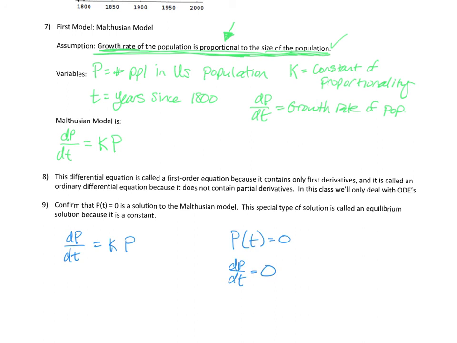So if I plug in for dP/dt, I'm going to put a 0, and for P, I'm going to put a 0. So I get 0. Does that equal k times 0? And yes, it does. 0 equals 0. So we have confirmed P of t equals 0 is in fact a solution.